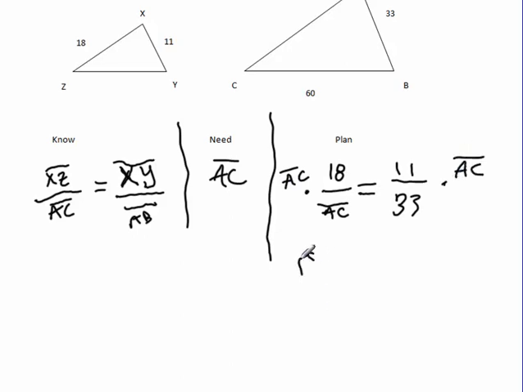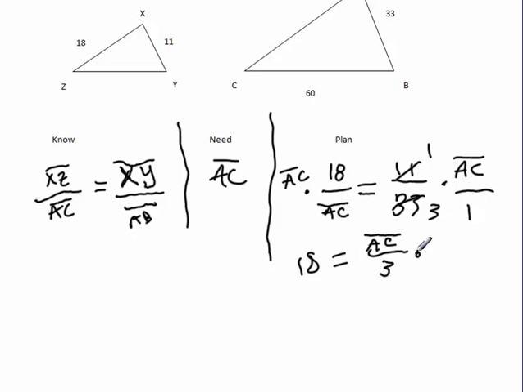So now I have 18 equals 11/33. I can reduce this, can't I? Isn't that just 1/3? So I have 1 times AC is AC, and 3 times 1 is 3.